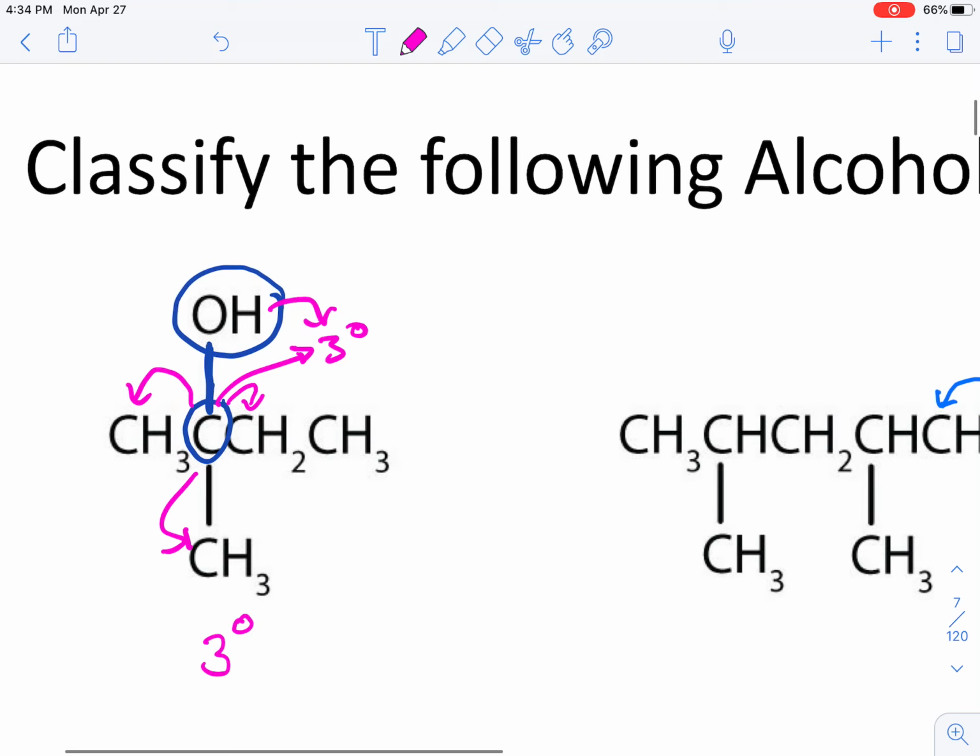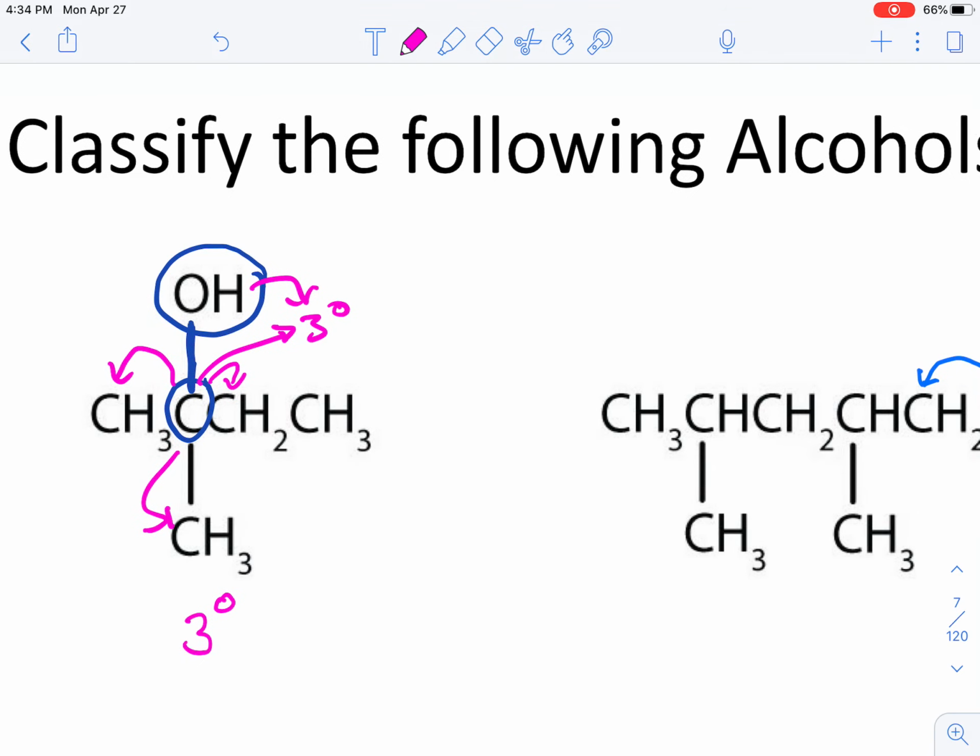So just imagine that these hydrogens are surrounding the carbon, and it's not so much that this carbon is bonded to this hydrogen and this hydrogen is bonded to this carbon. It doesn't work that way. These three hydrogens are surrounding this carbon.